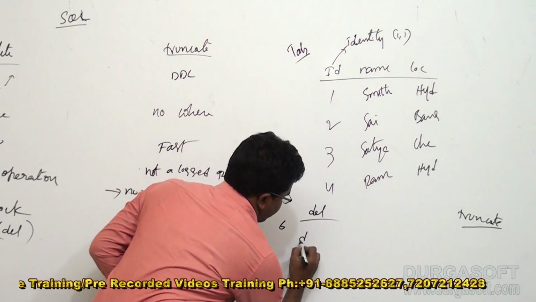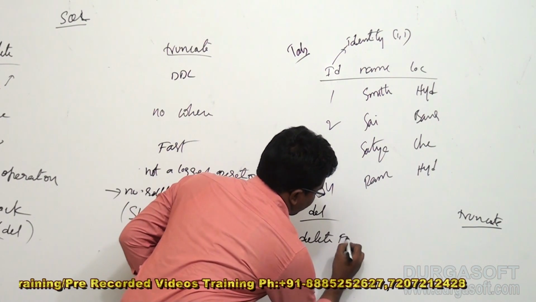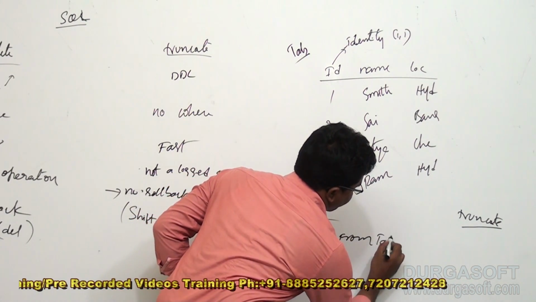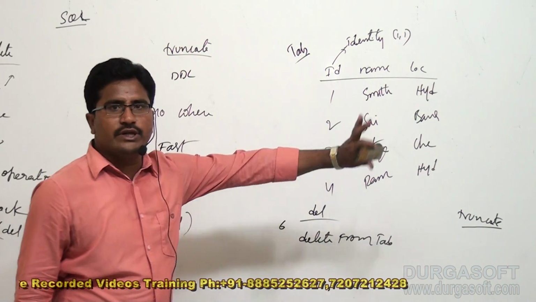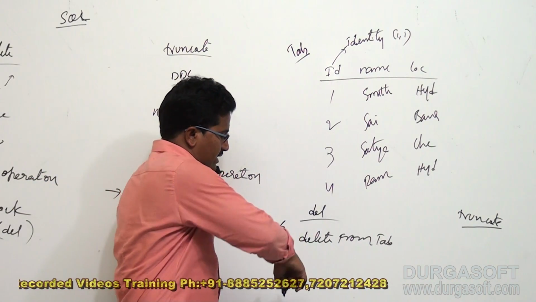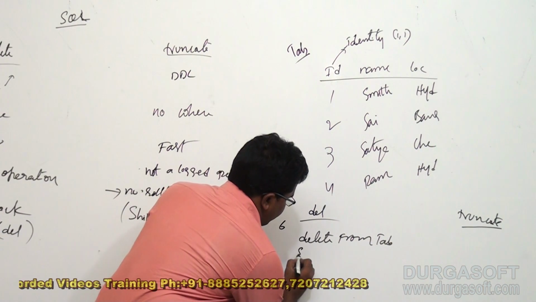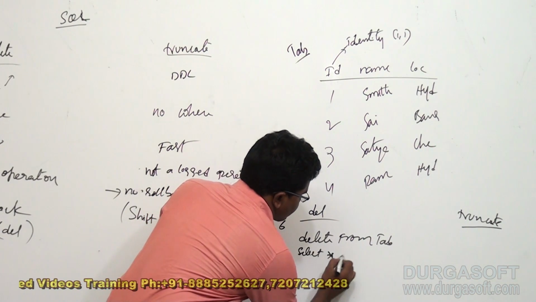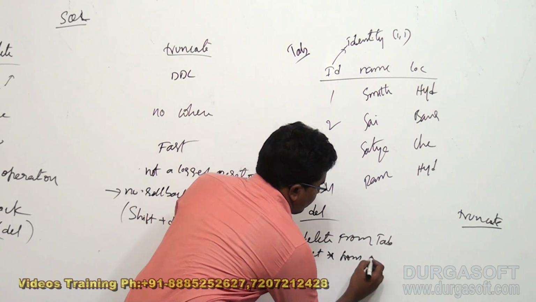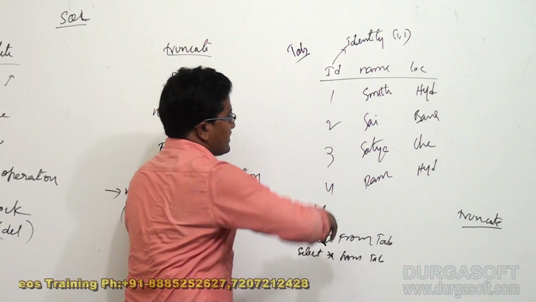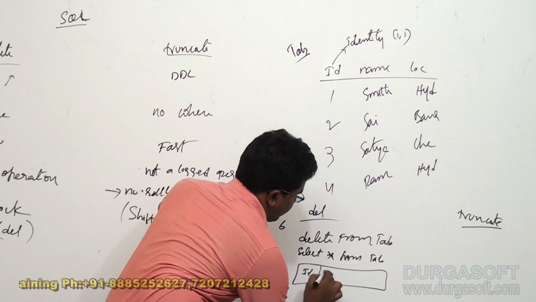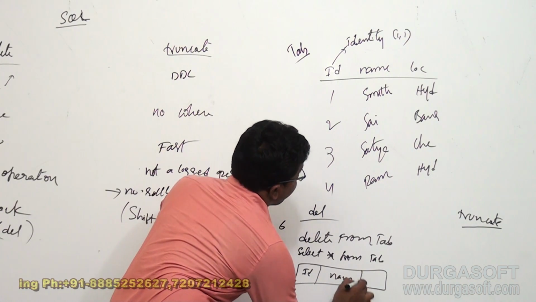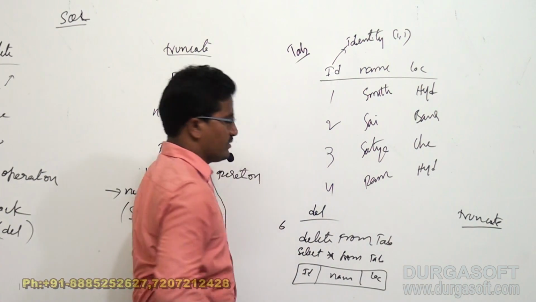So I write: delete from tab. It removes all the data. After the delete, if I use a select statement, select star from tab, what is the output? We get the ID, name, and location columns, but no rows.